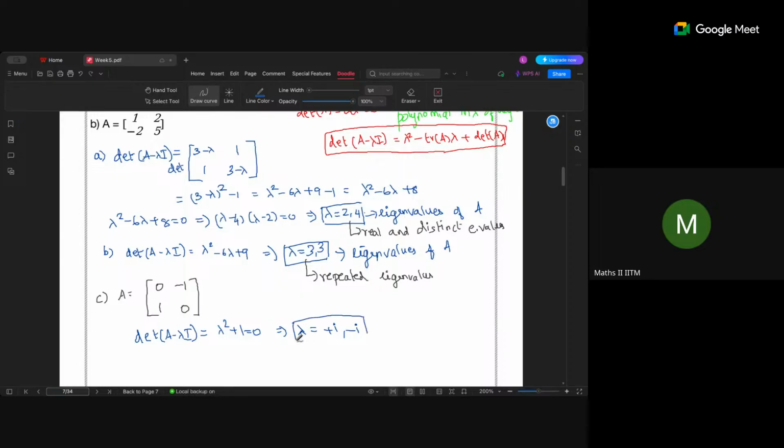These are the eigenvalues of A. And you can see that these are complex eigenvalues. So any of these cases can happen. It can be either real and distinct, or repeated, or they can be complex roots as well.